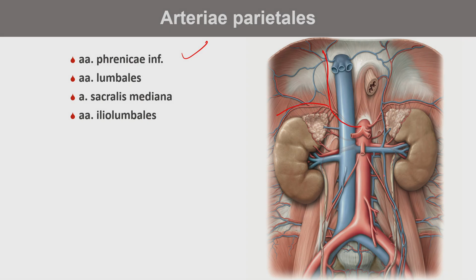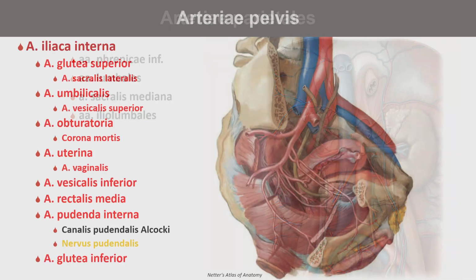Then there are lumbar arteries, which are supplying muscles. Lumbar arteries are typically 4. And then we have an iliolumbar artery supplying the edge between os ilium and abdominal wall. And the rest is the sacral median artery, which is known to us now.